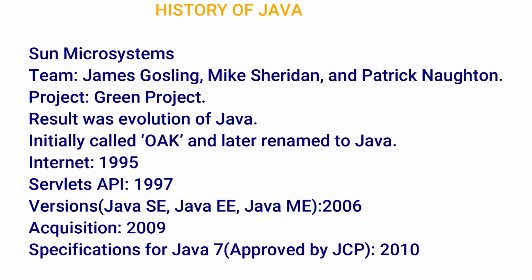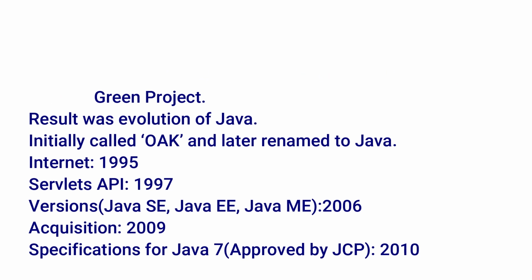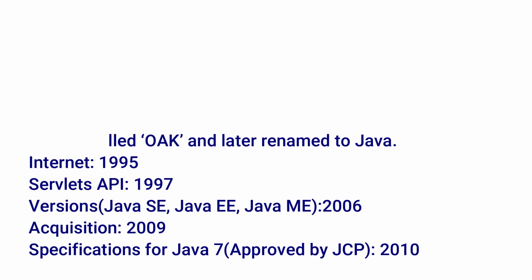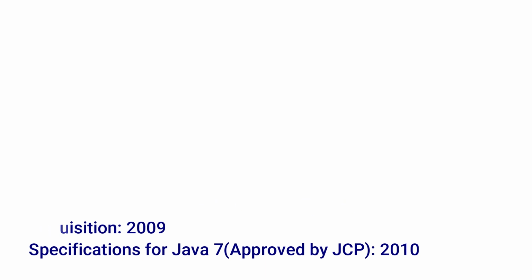But in 2009, Java was acquired by Oracle, and in 2010, the specifications for Java 7 were approved by the Java Community Process. So this is the little that we can say about the history of Java for now.